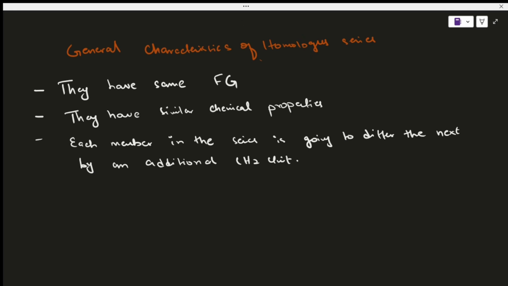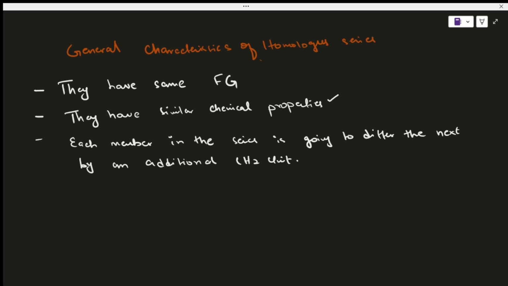Okay, let's try to understand points 2 and 3. Point 2 means that within the same homologous series, let's say alkanes, all of the alkane molecules are going to have the same chemical properties. For example, CH4, C2H6, C3H8, C4H10, all of these are alkane molecules, and they are going to have the same chemical properties.